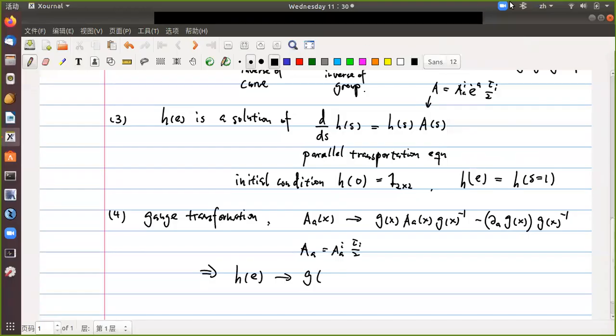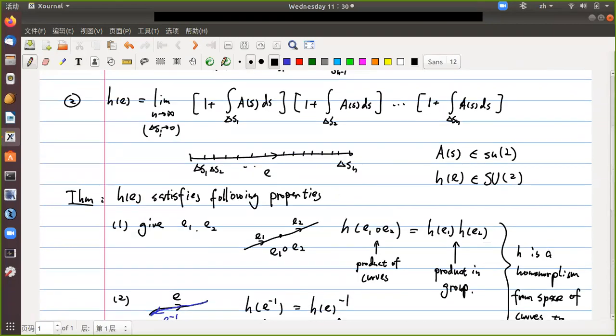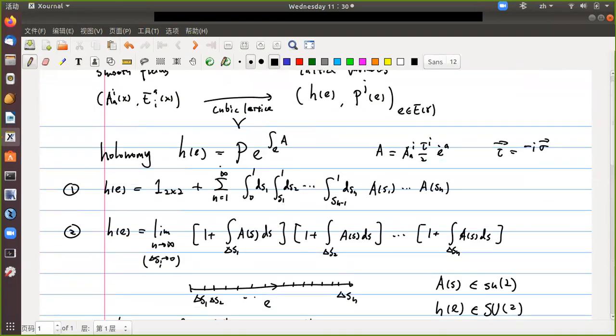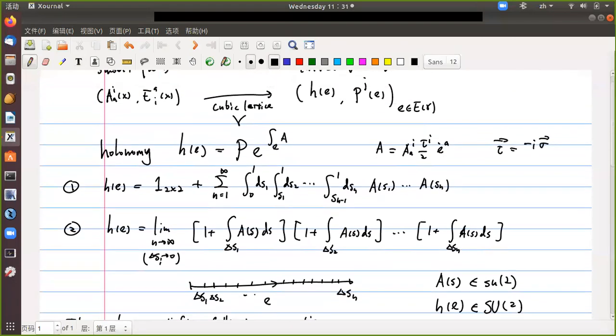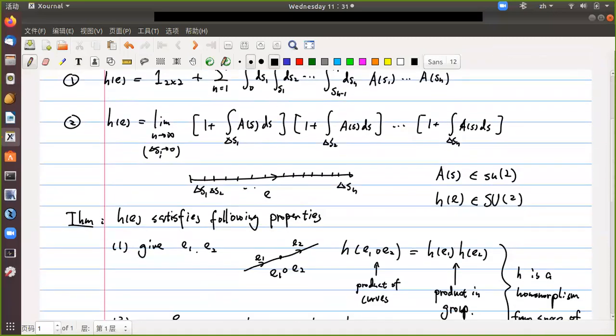All right. So point 4 is gauge transformation. The reason is that holonomy depends on the gauge connection. Holonomy is defined as the path-ordered exponential of a gauge connection, and the gauge connection is not gauge invariant. It transforms in a certain way.